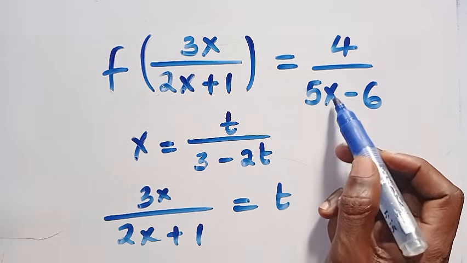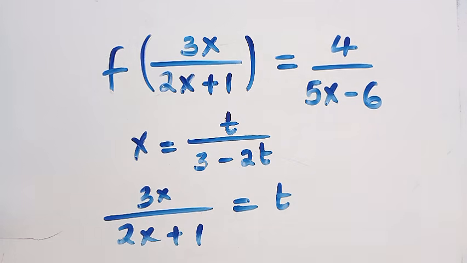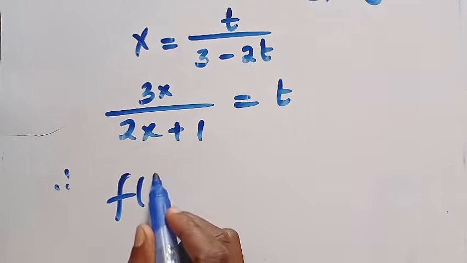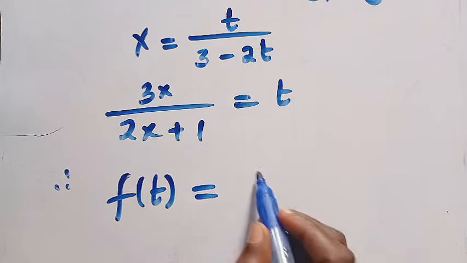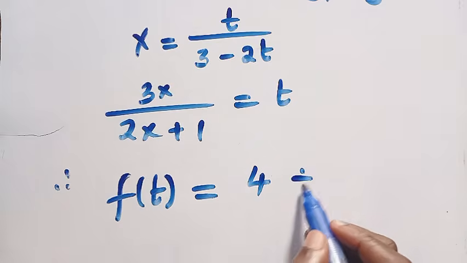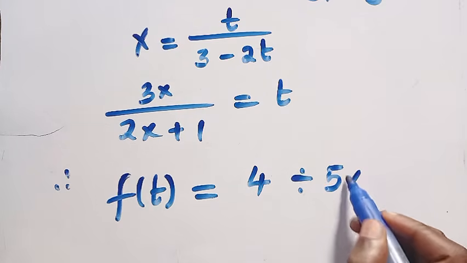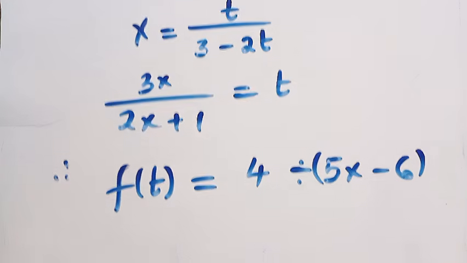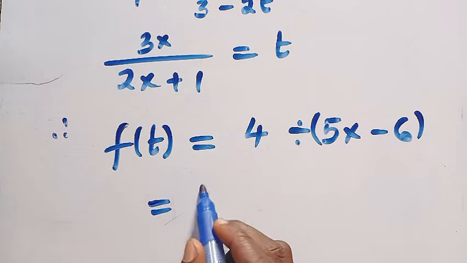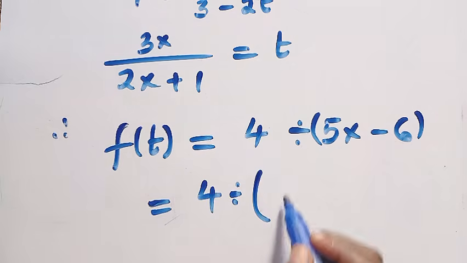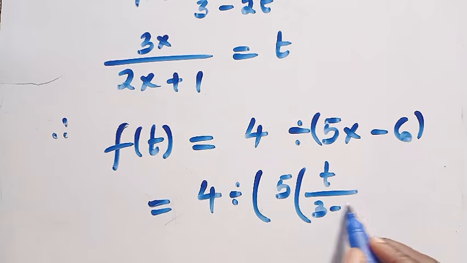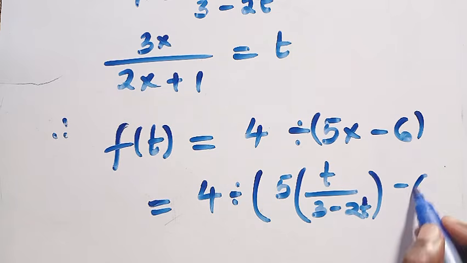Looking at this side, we replace every single x with t divided by 3 minus 2t. So we have f of t equals 4 divided by 5x minus 6. I'm going to put this in brackets because of this division. Then I'm replacing x with t divided by 3 minus 2t, then minus 6.